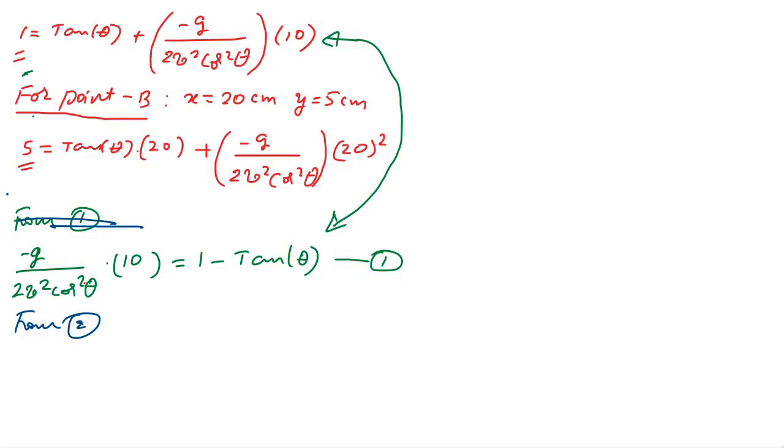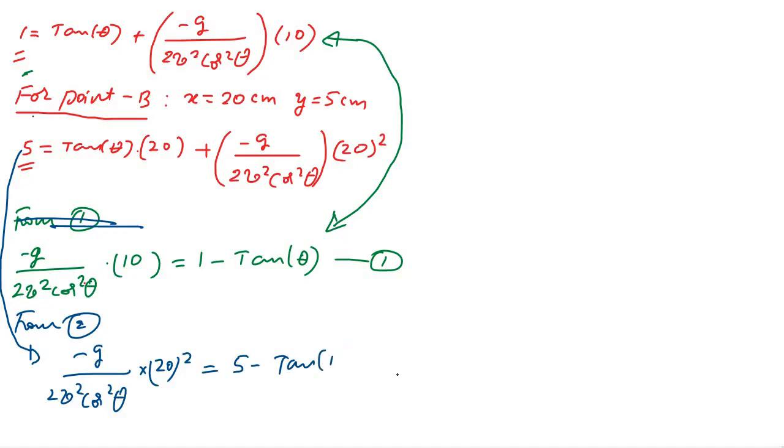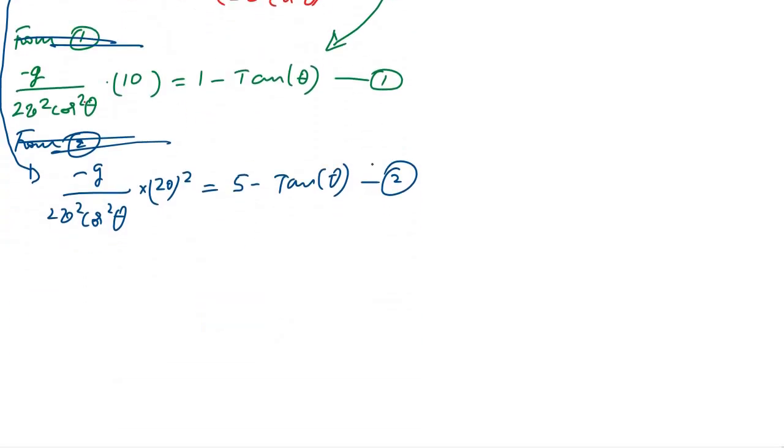So what I should write from here: minus g divided by 2 times v square cos square theta, multiplied by 20 square, which equals 5 minus tan theta. So now it becomes my second equation. So this is our second equation. It is very easy and convenient. Okay, so see how.